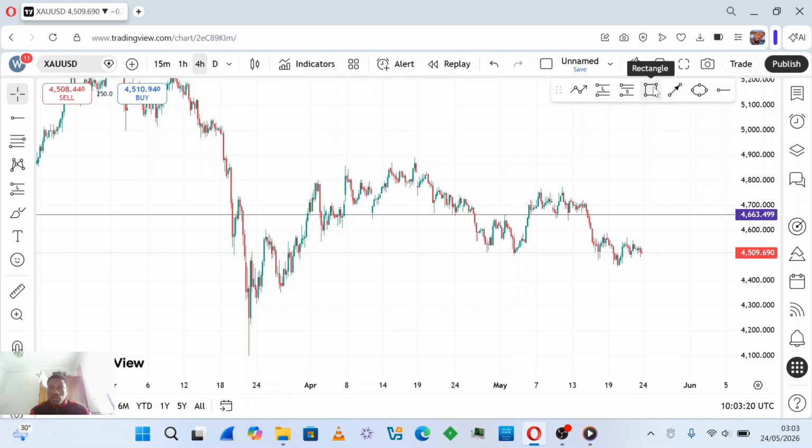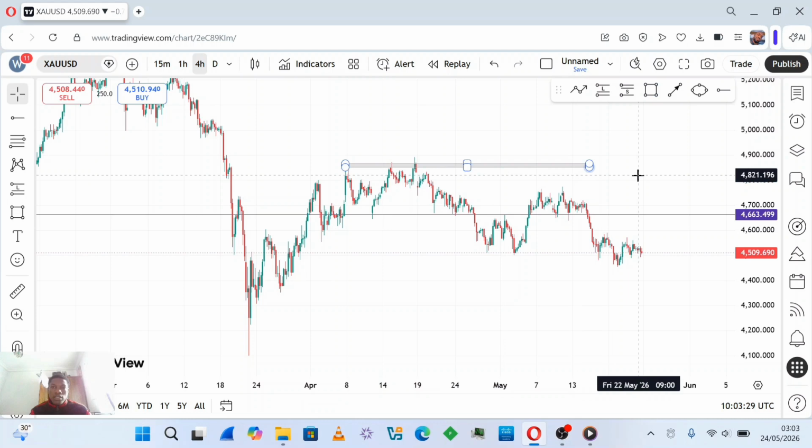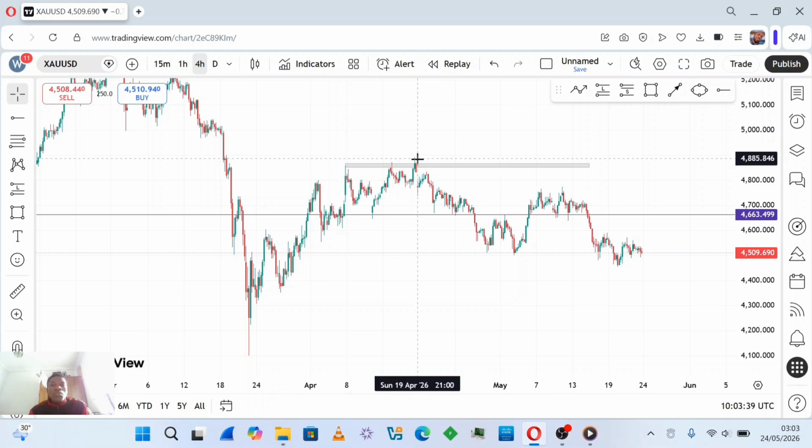Let me use a tool to analyze this very well. After price reached this level, it shows a level of strong resistance that buyers cannot go above. Then sellers ended up pushing price back to this level of sellers.